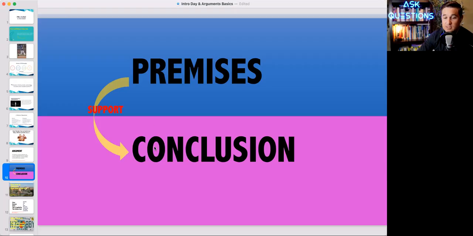But an argument is incomplete unless, in addition to a conclusion, we also have premises. And the idea is the premises act as support for the conclusion.